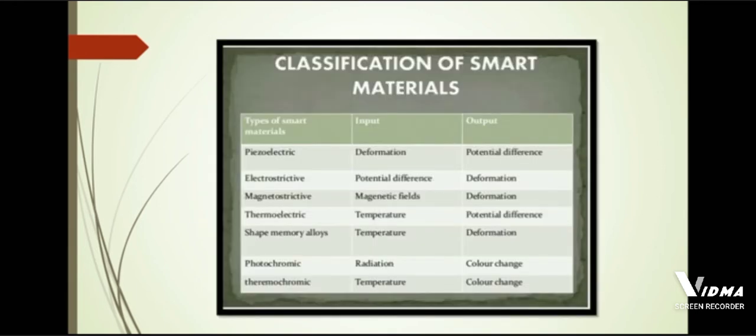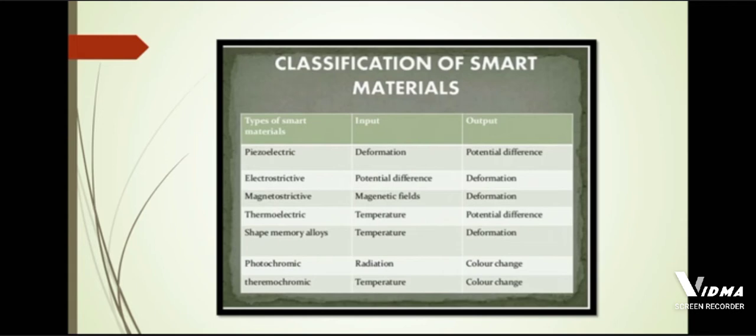Classification of smart materials, types of smart materials: First, piezoelectric, input deformation and output potential difference. Second, electrostatic, input potential difference and output deformation. Third, magnetostrictive, input magnetic field, output deformation.